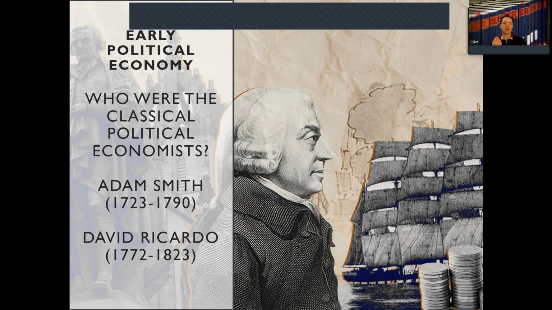Ricardo insisted that political economy must begin with one fundamental principle, which is the determination of value by the quantity of labor or labor time bestowed upon the production of the commodity, right? So again, political economy for Ricardo was about determining value by the quantity of labor time bestowed upon production of a commodity.